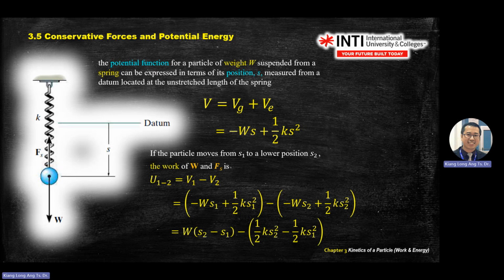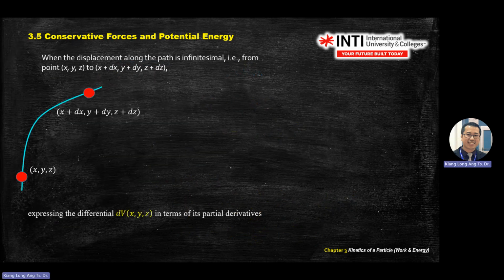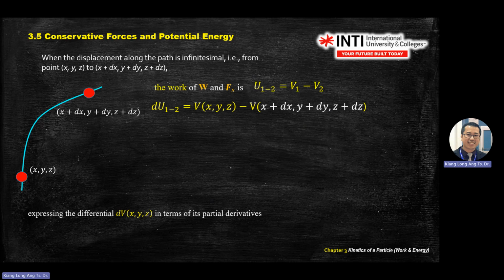So you have two sets. This equation just elaborates the case where the object is below the datum. If the object is on the datum, then something needs to change in the equation. If it's on the datum, then W is 0, kx is also 0. This one is more on elaboration. If it's 3D, then work done by the conservative forces will be V1 minus V2, so V1 from this position minus the second position.